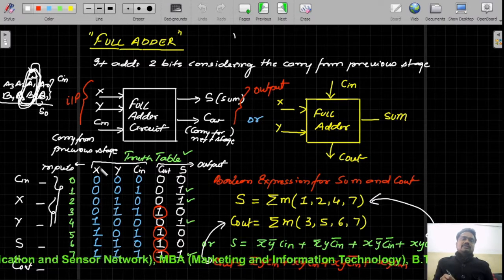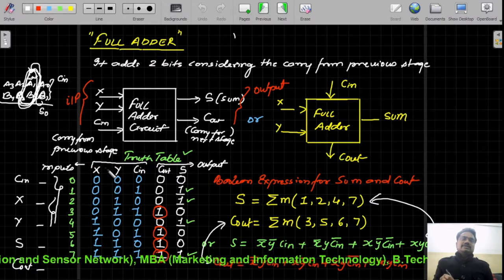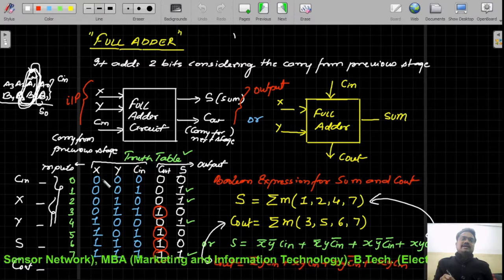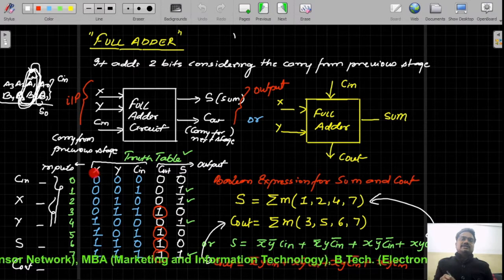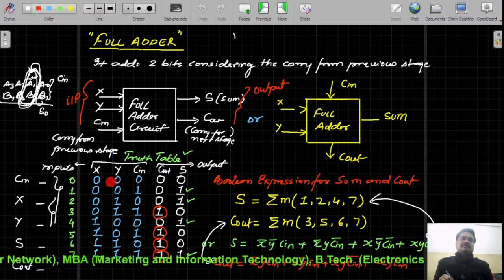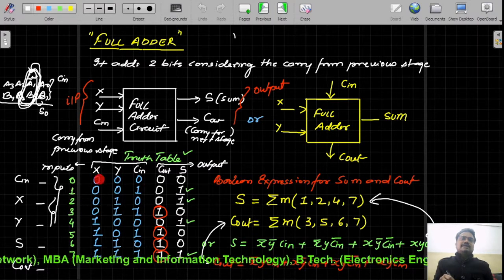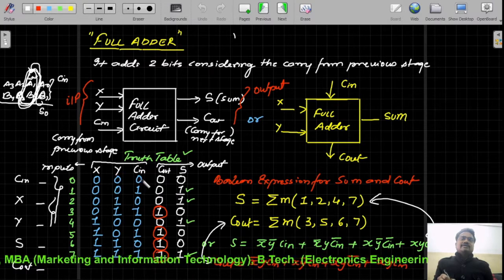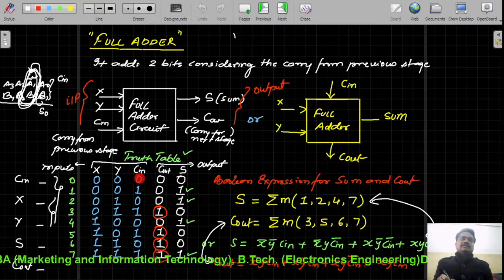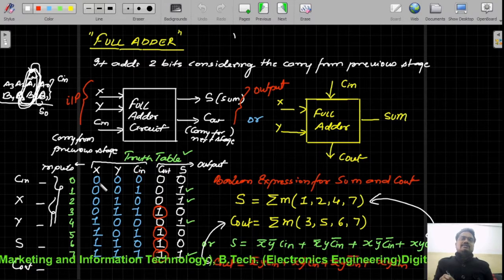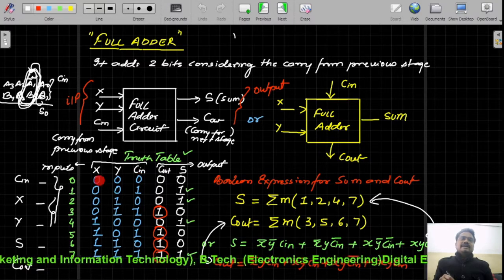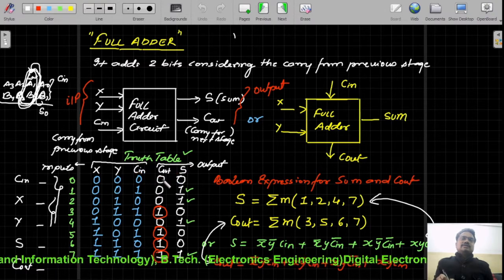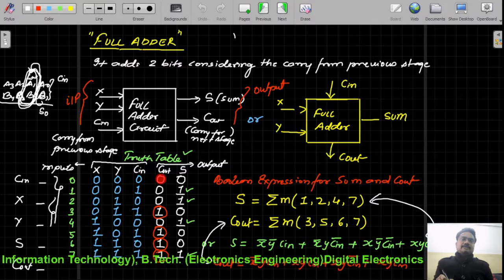For the sake of simplicity, we take the 3 inputs x, y, and c, and we write all the possible 8 combinations in this fashion, which will help us imagine two bits x and y being added with or without a previous carry. For example, if we are adding x and y, meaning 0 0, with no previous carry, then the sum is 0 and carry out is 0.